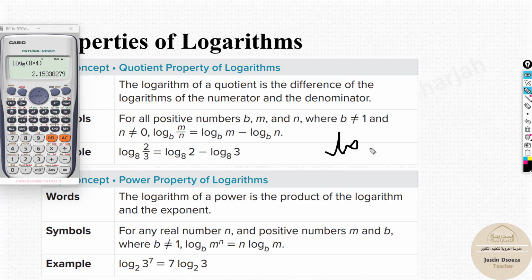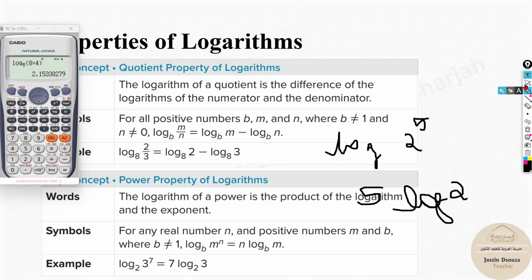If you have log 2 to the power 5, this can be brought down, that is 5 log 2. Base is not mentioned over here, so we can try this. Log 2 to the power 5 is 1.505, the same as 5 multiplied by log 2, 1.505. You can try this by yourselves and compare both answers, which should be the same.